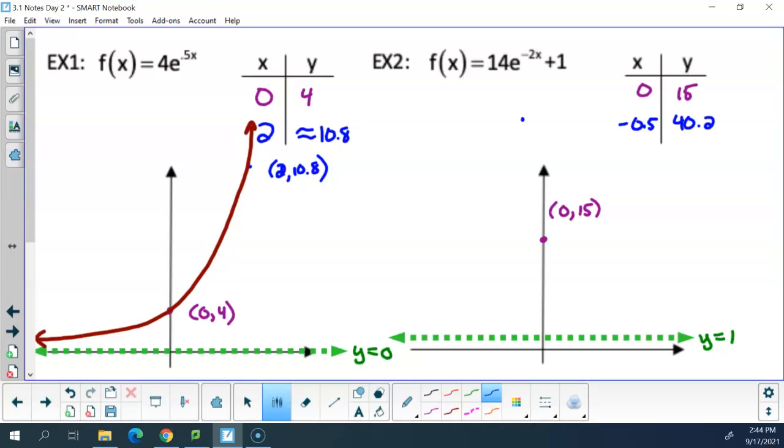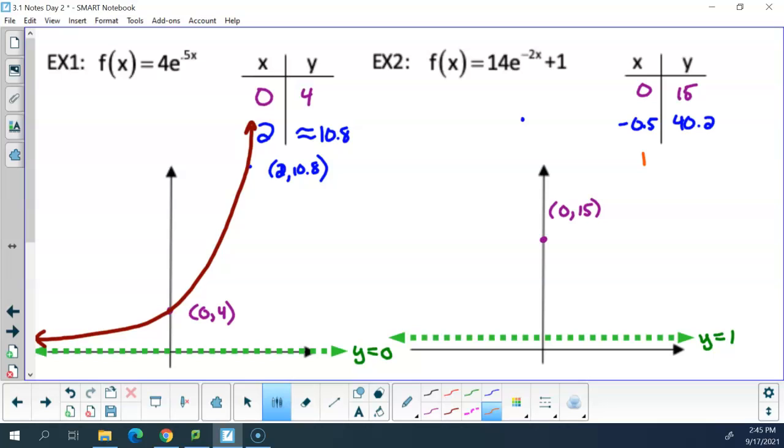So what if we go with positive 1? Then it'd be negative 2 up top, right? So that's e to the negative 2 power, which is basically 14 divided by e squared.